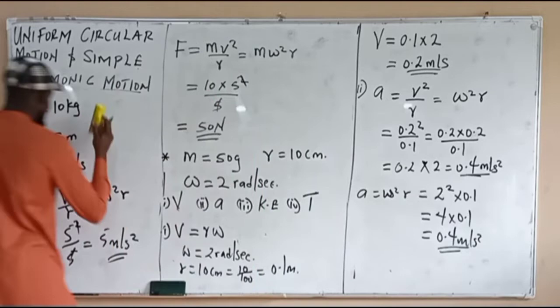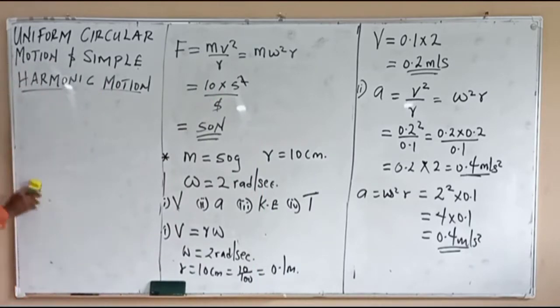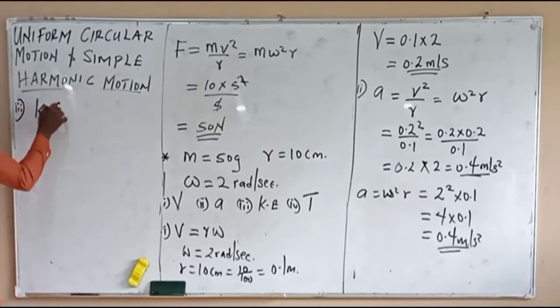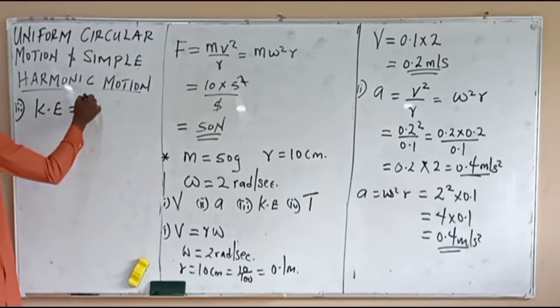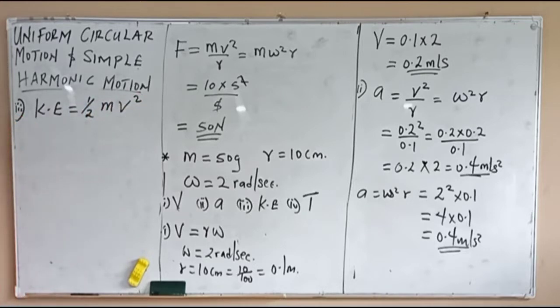Then let's look at the third question, which is the kinetic energy of the body. From our last class, kinetic energy is equal to half times mass times velocity squared, half mv squared. So what is the mass of the body? The mass is 50 grams.